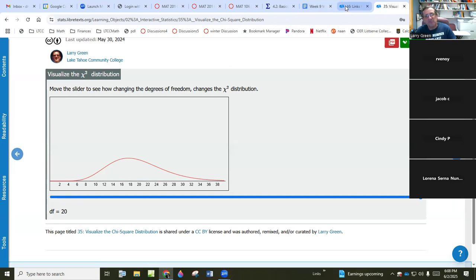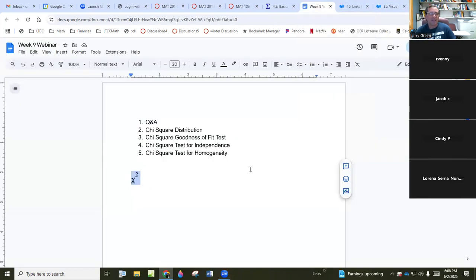So now we're going to use it. Okay, and the chi-square distribution is used a whole lot in research. When you read journal articles, and in this week's discussion post, for example, you have to do a journal article that is peer reviewed.